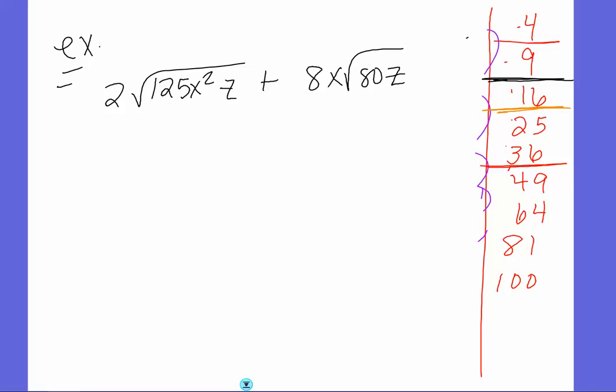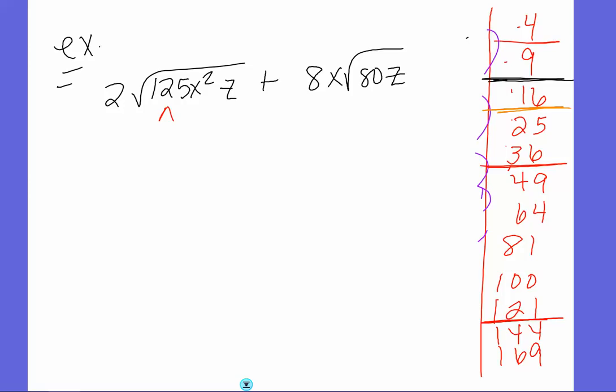So, okay, 125 is greater than 100, which is my biggest perfect square, so I'm going to keep going. All right, cool. So if I simplify 125 falls here. 121 can't go into 125. 100 can't go into 125.